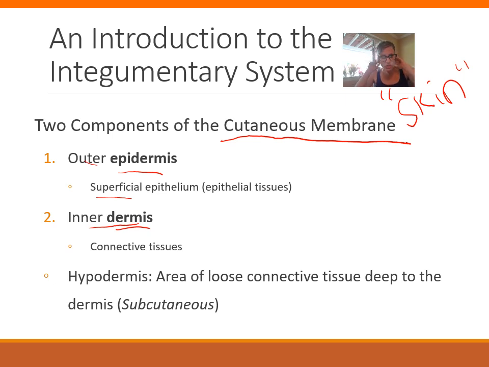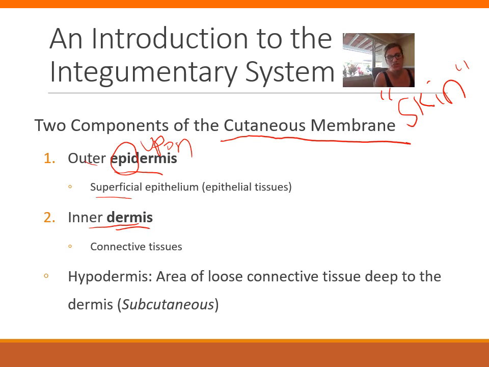You see that those terms are kind of similar to each other, right? Dermis, epidermis. This prefix epi means upon. So epidermis literally means upon the dermis, and that's where it is. The epidermis sits right on top of the dermis.